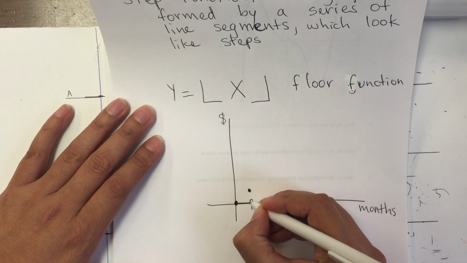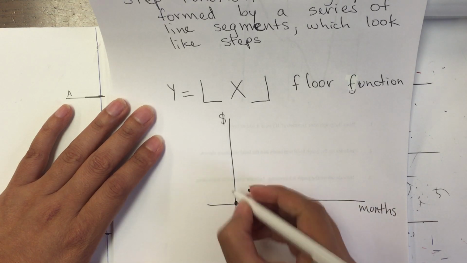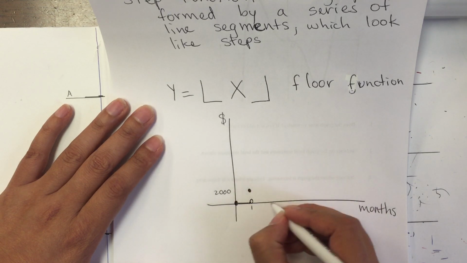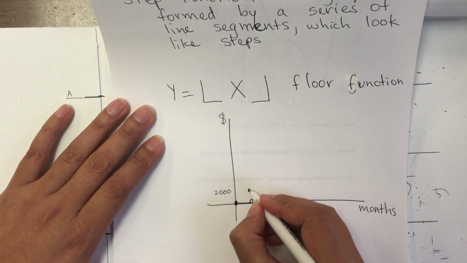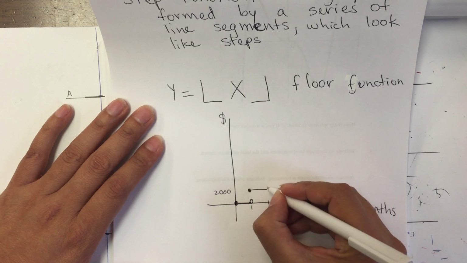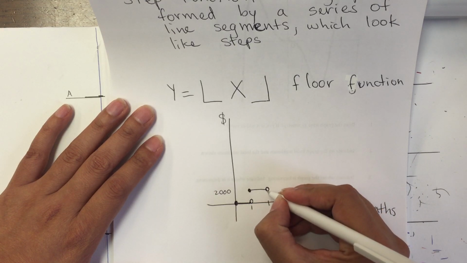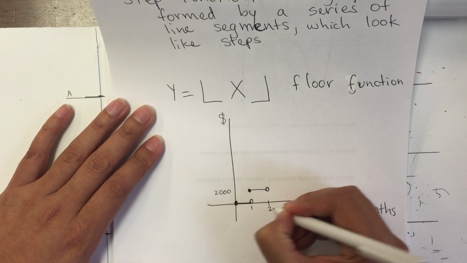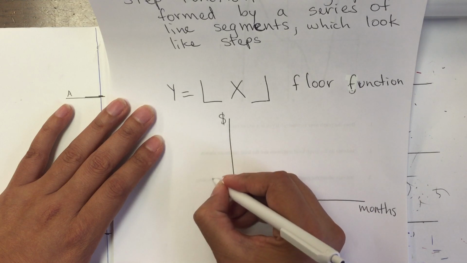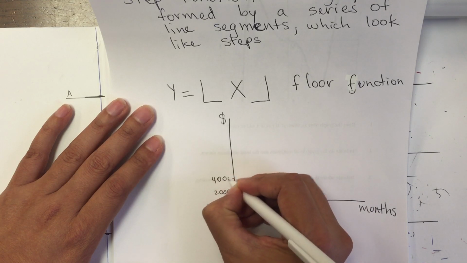But that means that it would look like this. Then let's say that you're paying $2,000. You pay it once and that $2,000 stands for the whole month, but then at the end of the month a new month has come and now you have to pay another $2,000, meaning a total of $4,000.